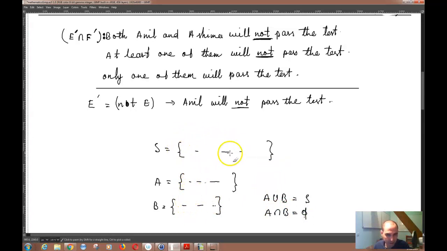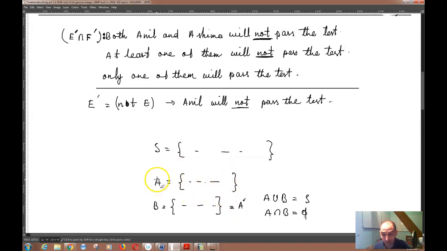So you have taken some members of your S and put them in A, and the rest you have put in B, and you have not repeated anything. In this situation, this B you can call A prime.